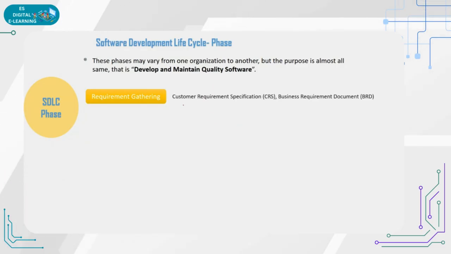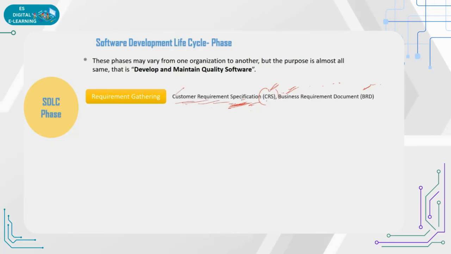It is the customer requirement specification, which we call CRS for short, or BRD. CRS is the customer requirement specification. If it is related to business, it is a business requirement document. Generally, whatever we consider for testing of the software or a new implementation of the software will be the customer requirement specification. So here we are gathering the requirements.